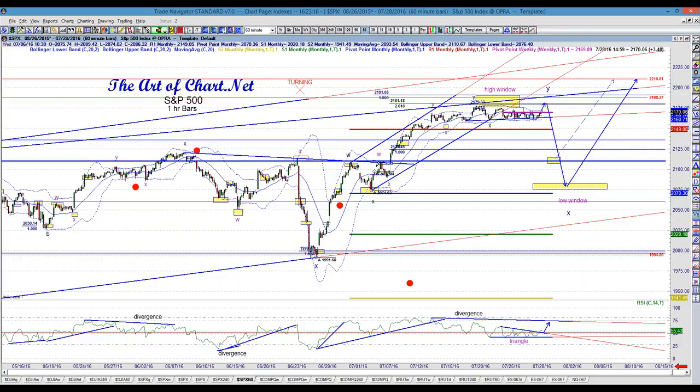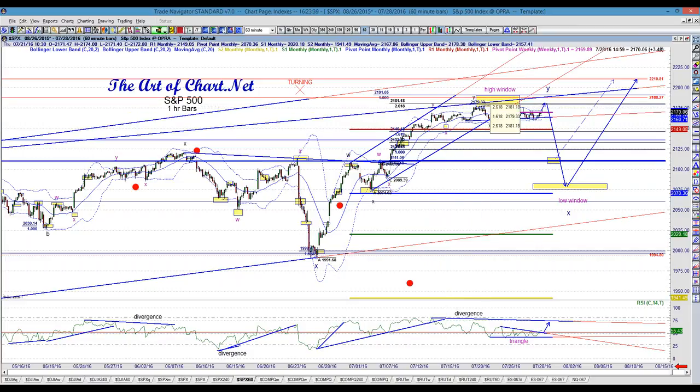Here's the W, the X, okay, and here's the 2.618, and very often the end of structure happens at that level. 2181 is my number, okay? So we have a WX. Here's a Y that either finished here or finished here, and I'm looking for the X and the Z.